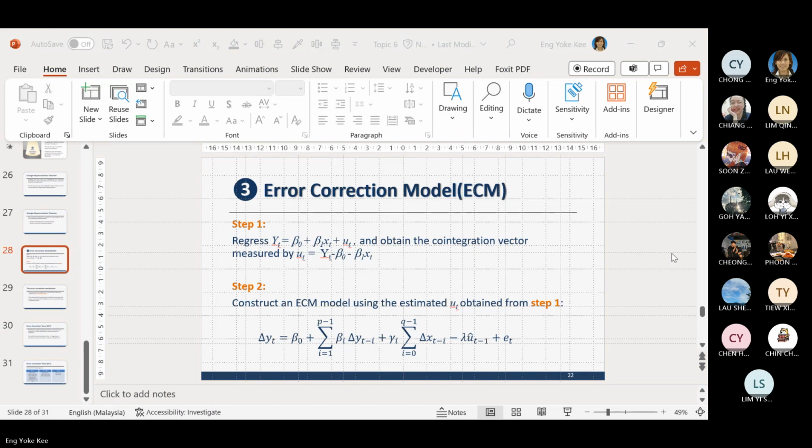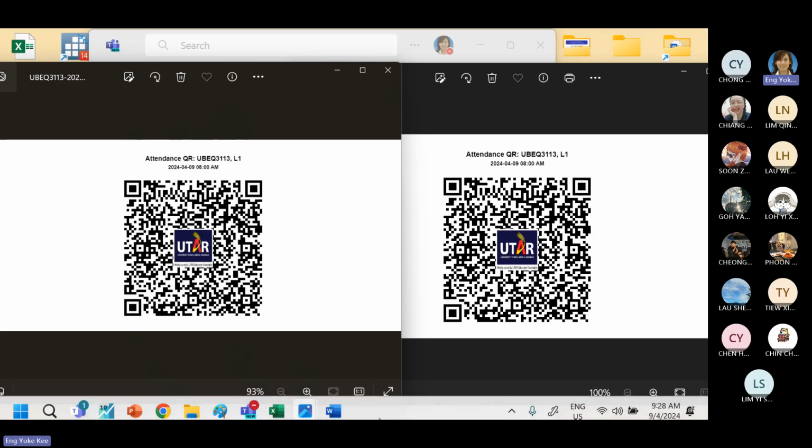This is a bit technical, and I need more time to explain this to you. So this part I think we will continue in week 12. Okay, so basically this is what we are going to cover today.